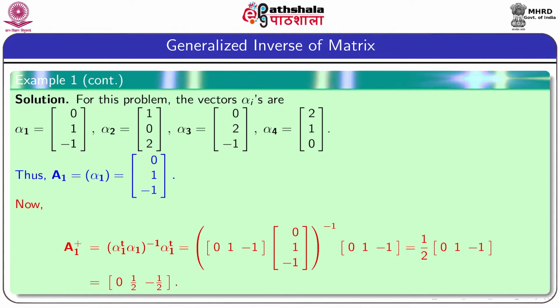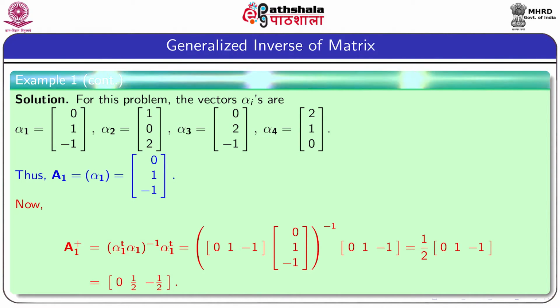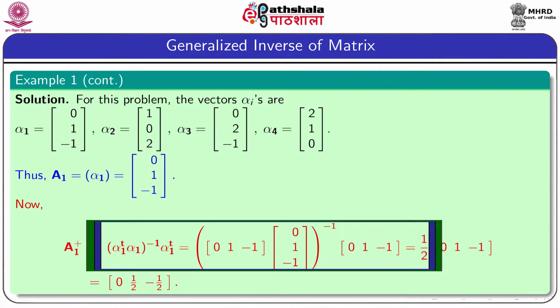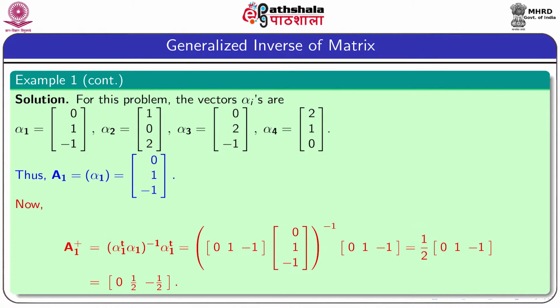Therefore, A1 plus, that means the Moore-Penrose inverse of the matrix A1, is alpha 1 transpose alpha 1, whole inverse in the conventional sense, into alpha 1 transpose. Alpha 1 transpose is 0, 1, minus 1, and we have to determine the inverse of the product of these two matrices, into the row vector 0, 1, minus 1, which is nothing but alpha 1 transpose.